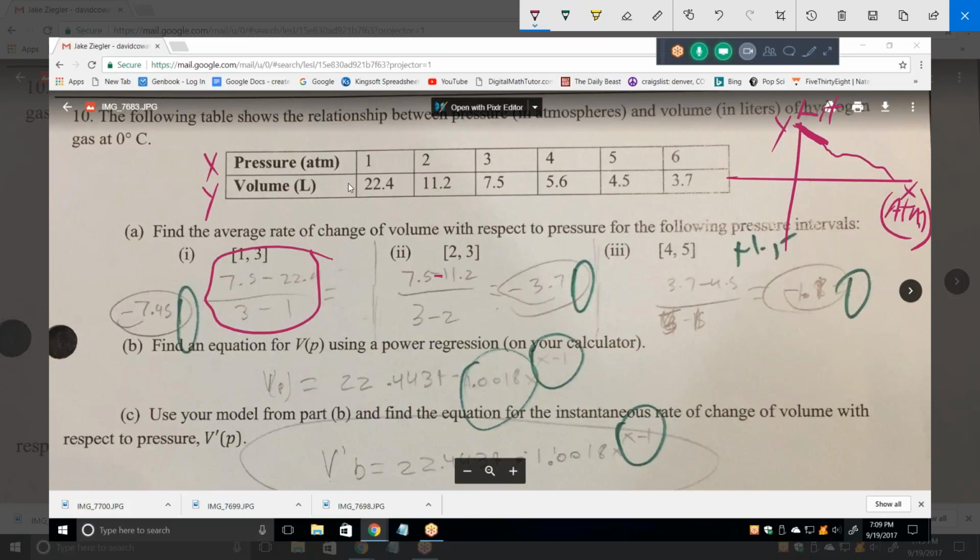You're going to need to type all these because the next step requires you to have this list in there. So row 1 under volume is 22.4. Go down, 11.2. I'm doing this in mine at the same time I'm telling you about it.